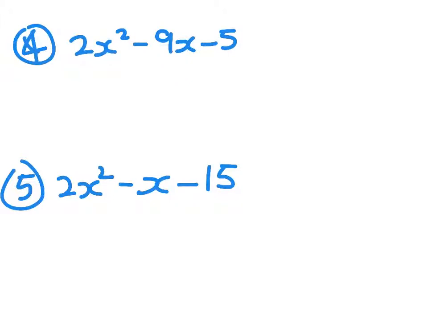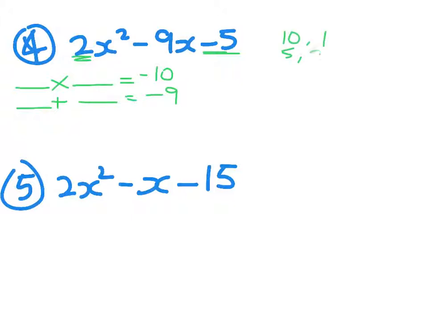Right, last two. I want two numbers that multiply to give me negative 10 and add to give me negative 9. So a much easier one. Try them out. It's going to be combos of 10 and 1 or 5 and 2 with pluses and minuses in there.